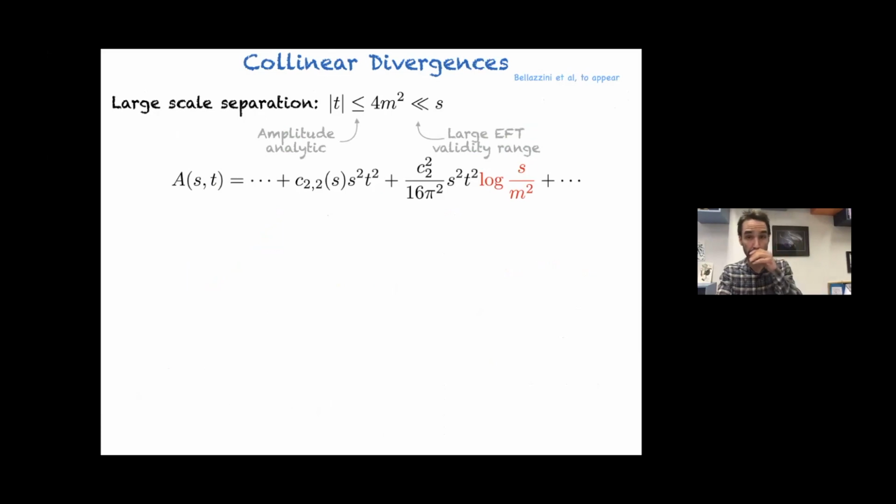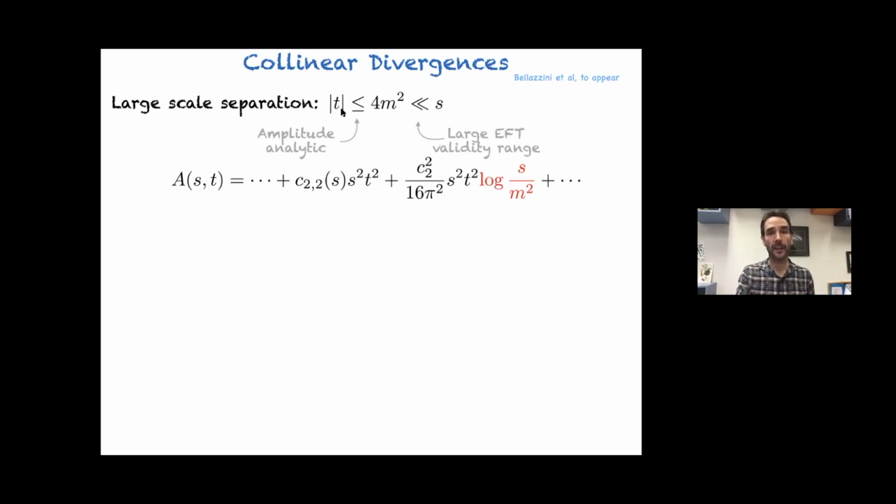So the other type of infrared effects has to do with these collinear divergences. In particular, they are due to the fact that my setup, the problem how it has been phrased, is fundamentally a two-scale problem.